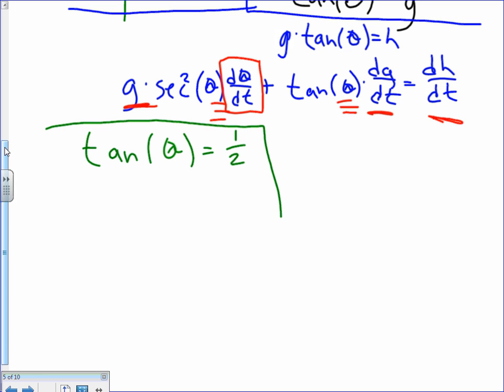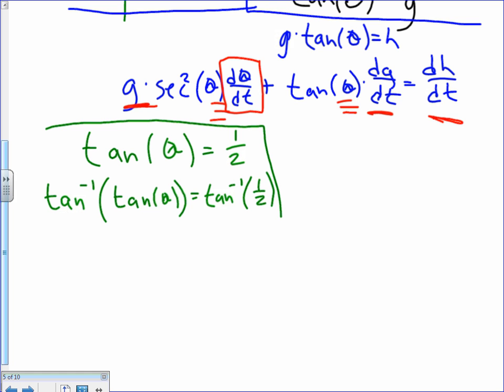Now, hopefully you remember a little bit from pre-calc that in order to solve this, what you need to do is to take the inverse tangent of both sides. So that's tangent inverse of tangent of theta equals tangent inverse of 1/2.